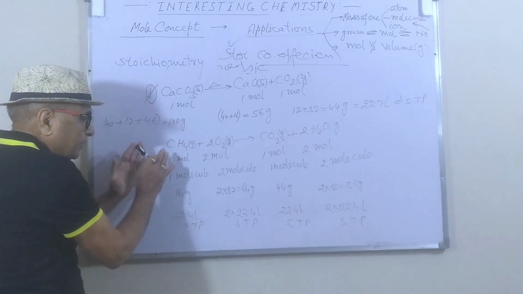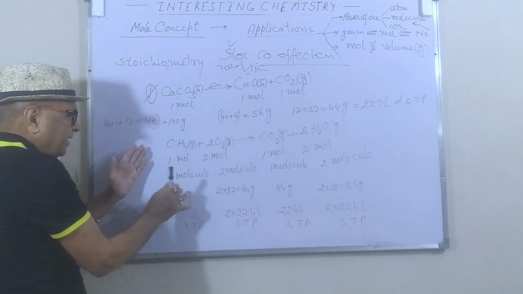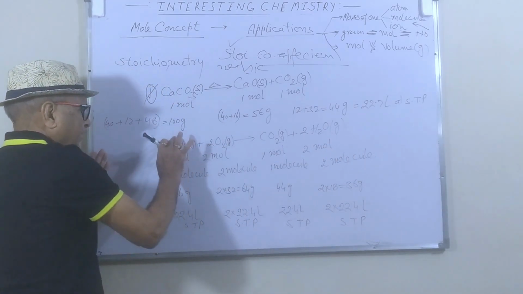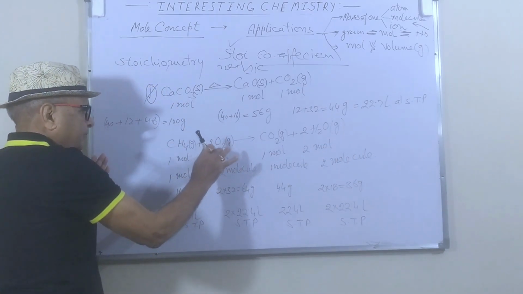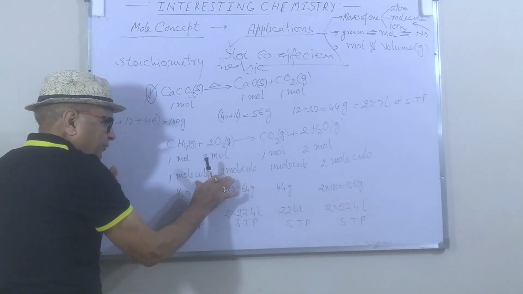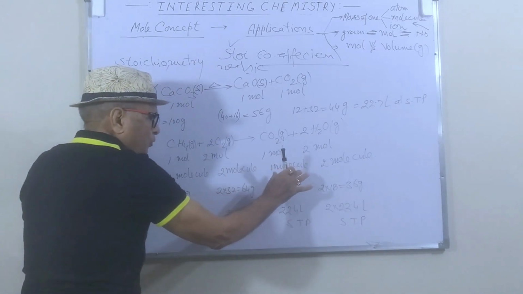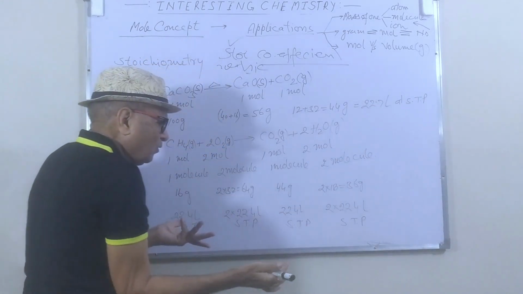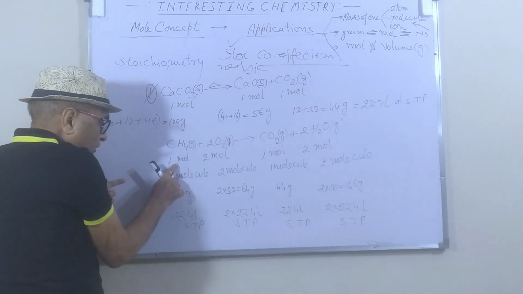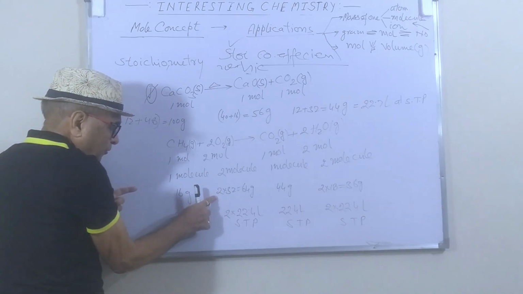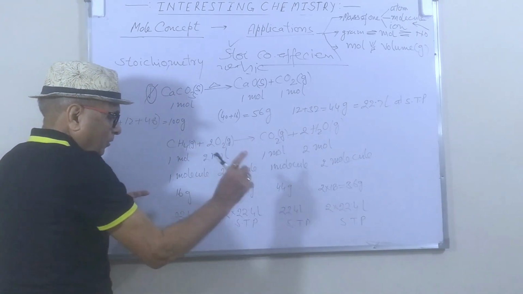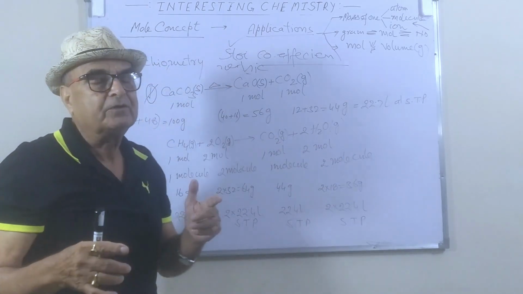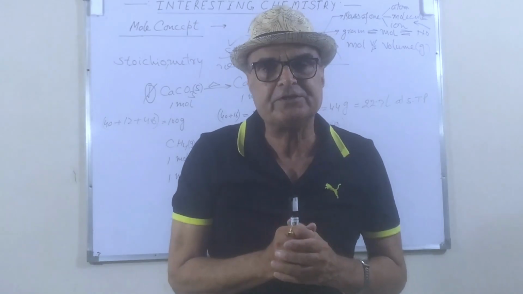You can write so many statements, as you can write in this way: 1 molecule of CH4 plus 2 molecules of O2, when heated together, will produce 1 molecule of CO2 and 2 molecules of H2O. So in this way, you can write so many statements.